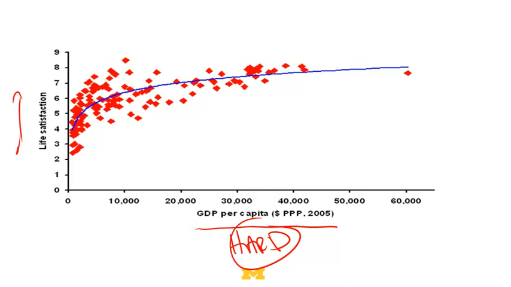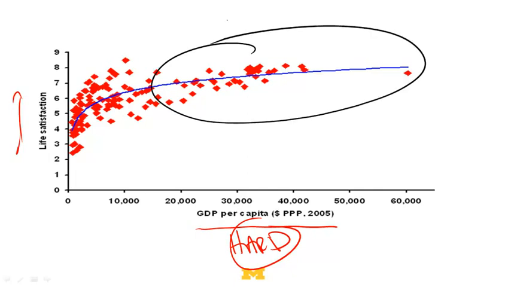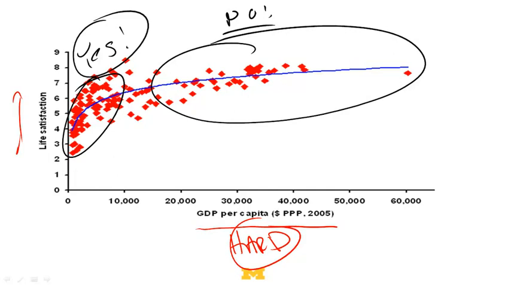Does money make you happier? And I want to focus on two different parts of this graph. If you look in this region, the answer is no. As you go from 20,000 to 60,000, people just aren't that much happier. But if you look in this region, the answer is decidedly yes. Money does make you happier. Now, the reason for this may be just some basic services like healthcare, food, shelter, those sorts of things. So getting from 0 to 10,000, that's huge.